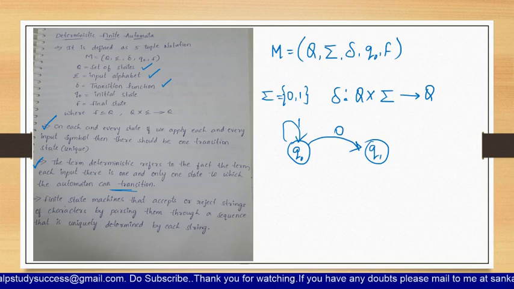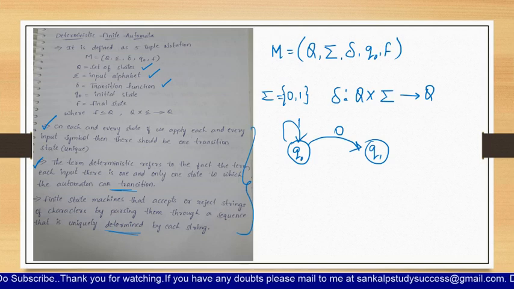So finite state machines accept or reject strings of characters by parsing them through a sequence that is uniquely determined by each string. The given three definitions are one and the same, but they are defined differently. So deterministic finite automata is nothing but applying each and every input symbol on each and every state in order to get a unique transition.